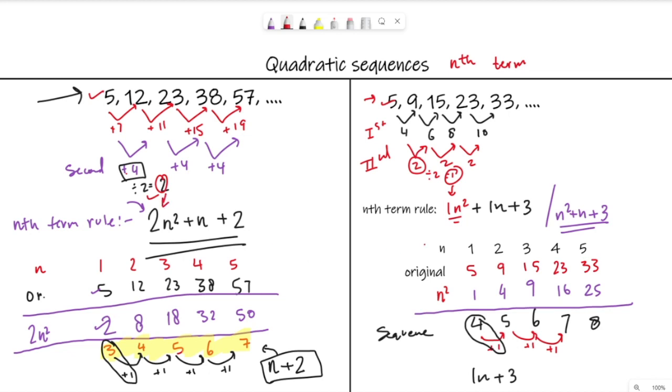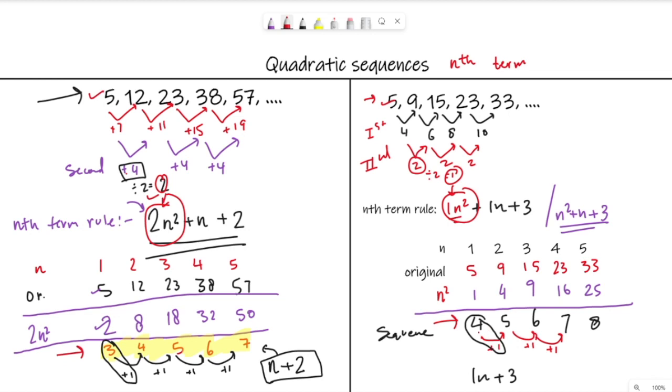Once you are done with this, you write the original sequence again with the term number. Then with the first part of your term rule which you have received, like 2n square here and 1n square here, find another sequence and then find the difference between the original and the new one. So the difference which you get is actually a new arithmetic sequence.